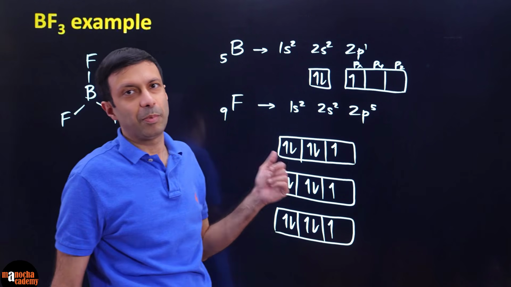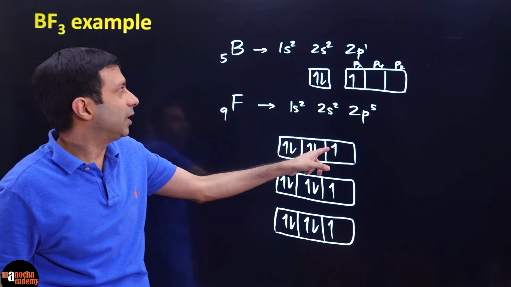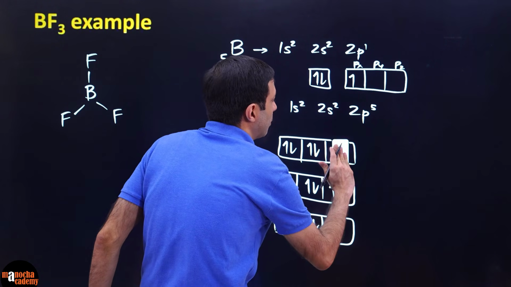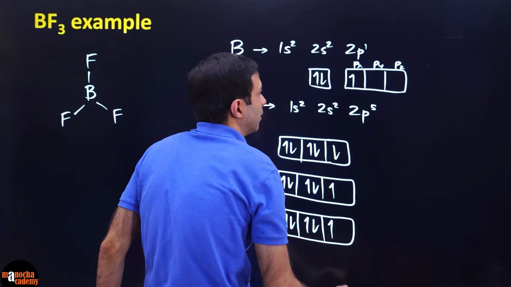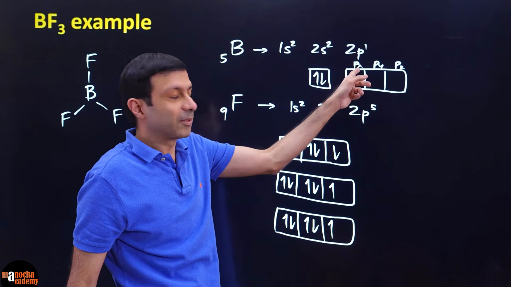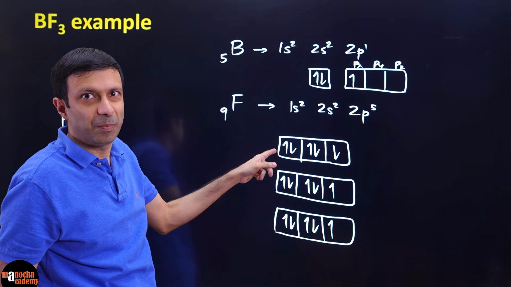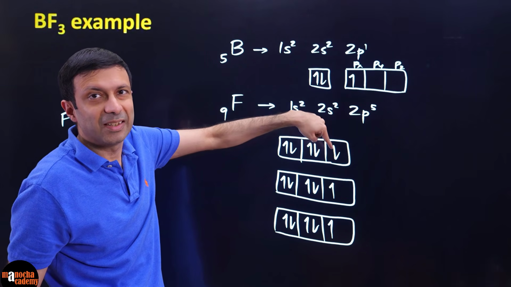So how will the bonding be formed? Clearly you can see this half filled will overlap with this one, and again I can give it opposite spin here, right? It should be opposite spin. Now if this one is in px, then ideally the electron should be in px, right? Because px cannot overlap with pz over here.